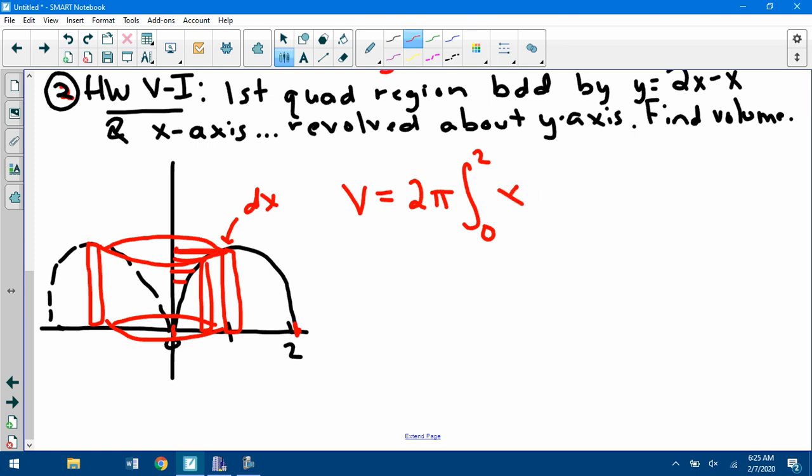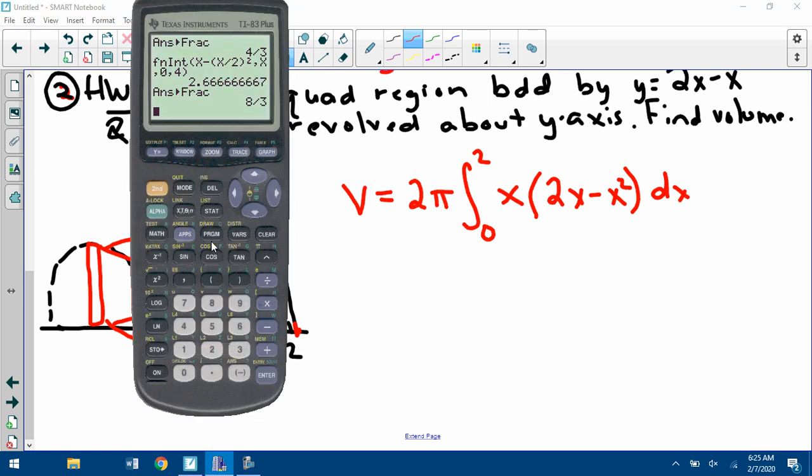So the radius is going to be x. What's the height of all of these cylindrical shells? The height of the rectangles. It's just my equation, 2x minus x squared, dx. Remember, no squares, because it's a rectangular prism, length times width times height.